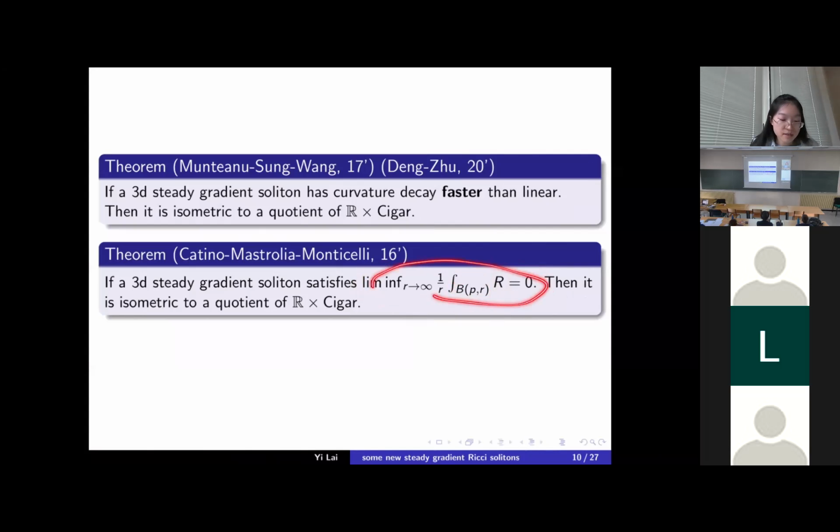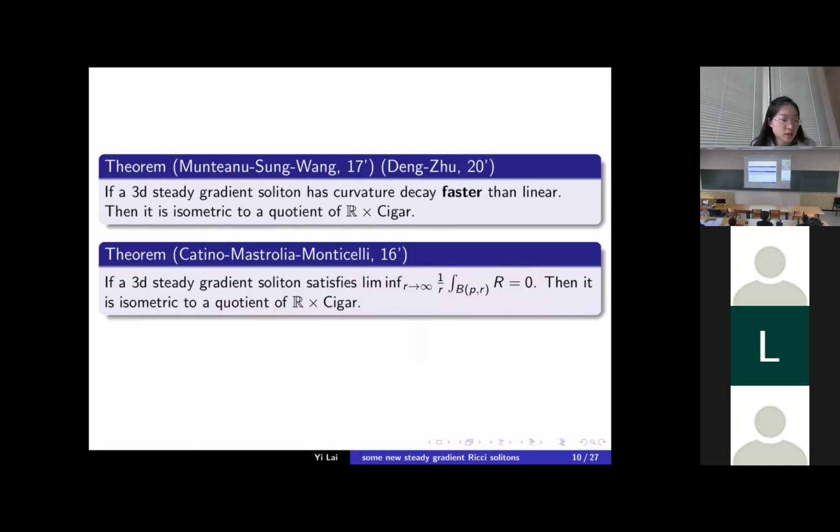So this limit will stay positive as r goes to infinity. Right, and they can show that if this limit is 0, then it also has to be a non-trivial quotient of R times the cigar. Okay, so I'm going to only mention these classification results.